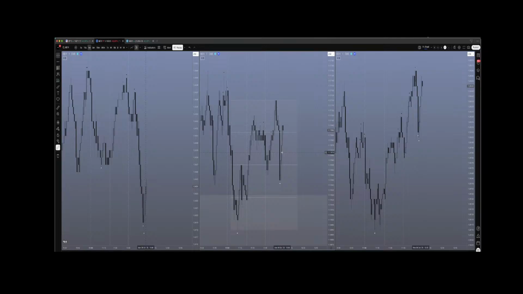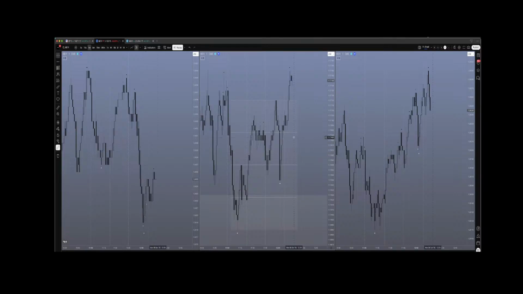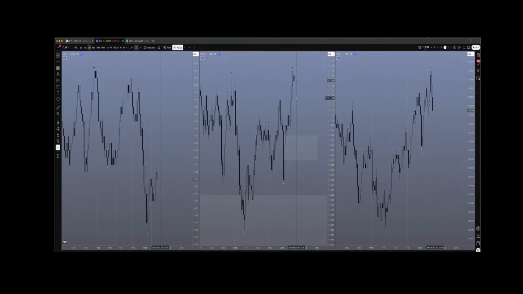No, we don't get the tap in. So we created this fair value gap, which is lovely. If price came into that, I'd be all over it. But we don't. We just react from this breaker, and then we just run.